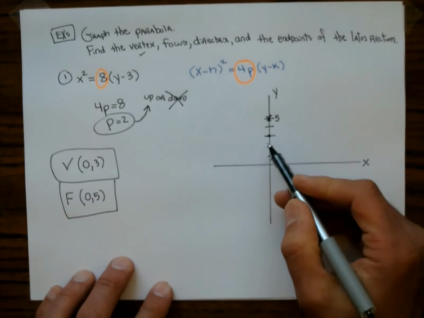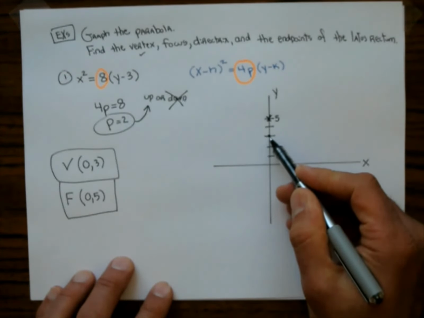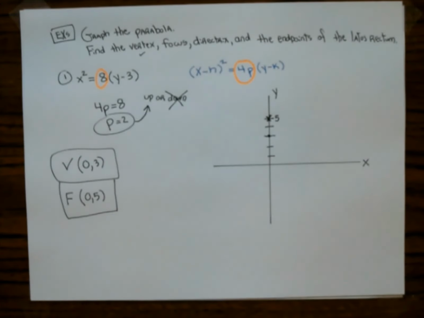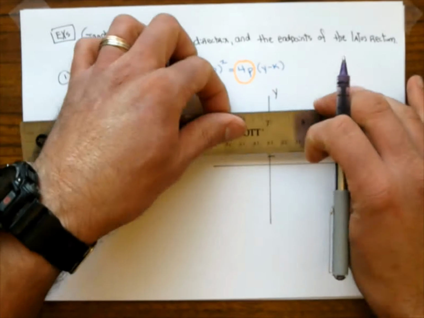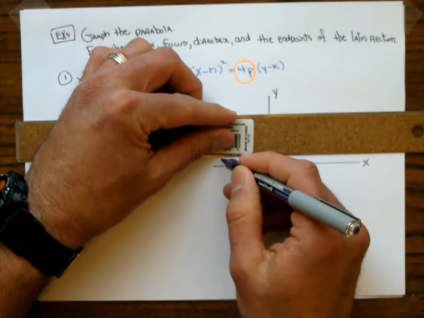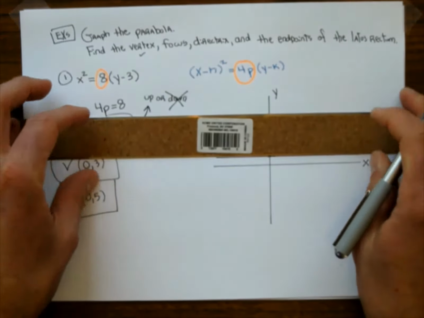So the vertex seems to be the middle. We go up 2 and get to the focus. We go down 2 and get to the directrix. So I'll make the directrix be in purple. I don't know if you can even tell, but we'll do this anyway. So there's the directrix.